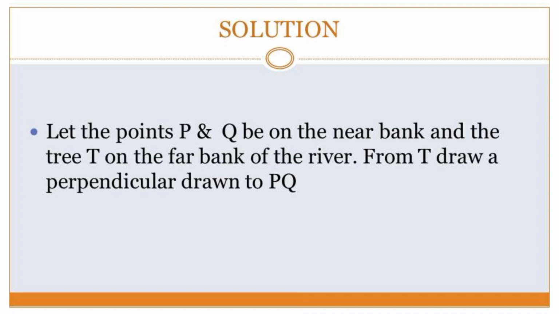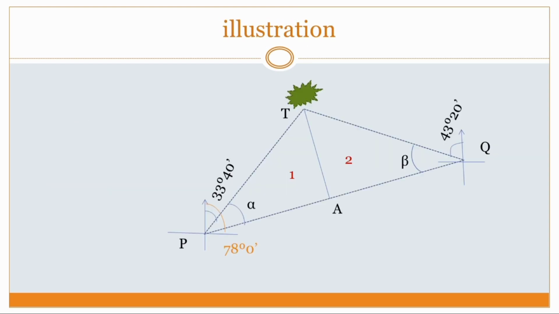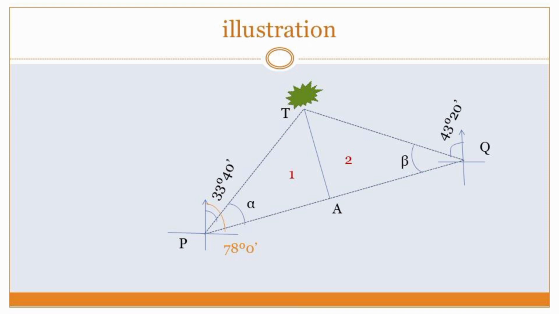From T, that is the tree, we draw a perpendicular to the line PQ. That will be 90 degrees to that line. I've given you an illustration there. You can see I've drawn the representation of the information that we are supposed to calculate.